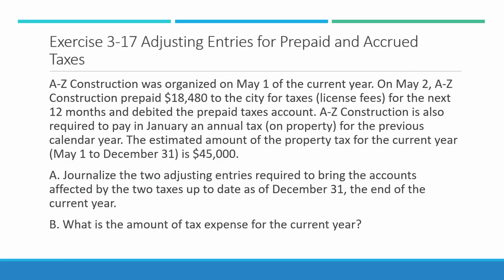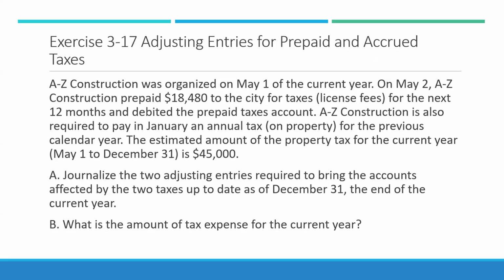AZ Construction was organized on May 1st of the current year. On May 2nd, AZ Construction prepaid $18,480 to the city for taxes for the next 12 months and debited the prepaid tax account.